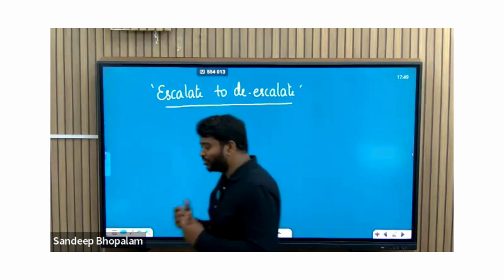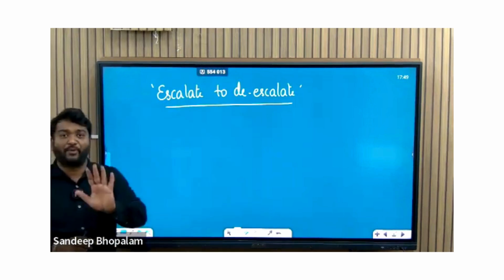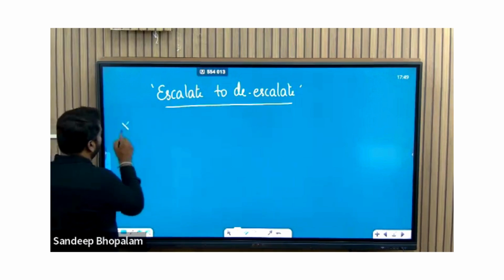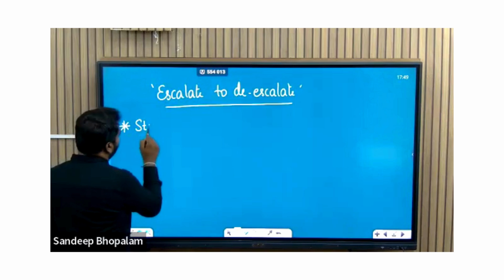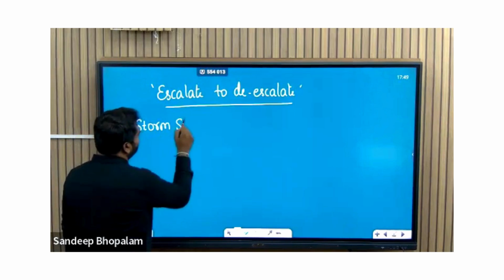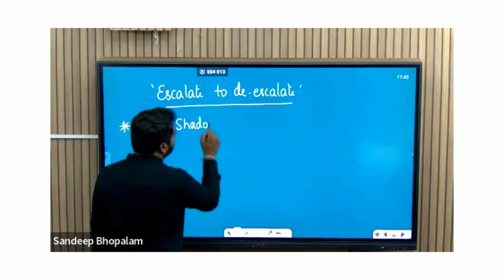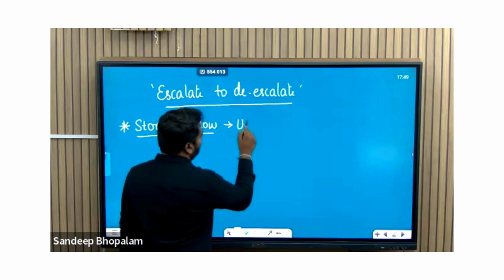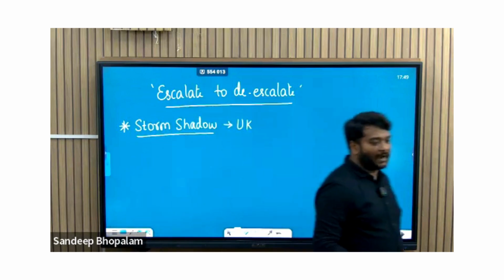But here, I want you to understand some keywords that are important from the UPSC point of view. If they ask you, Storm Shadow is a cruise missile of which country? It is part of the UK.